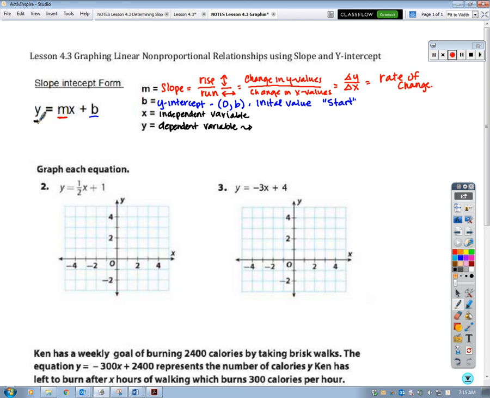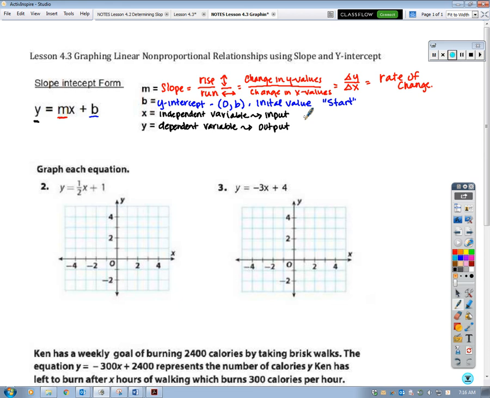It is our total value, so its value depends on the x value. We can think about independent as our input and dependent as our output. If I put in 3 hours of work, I get out of it money. If I drive for 6 hours, I travel so many miles in distance.